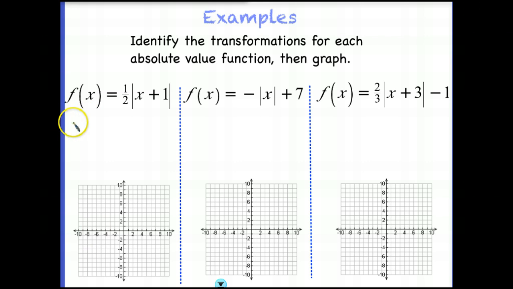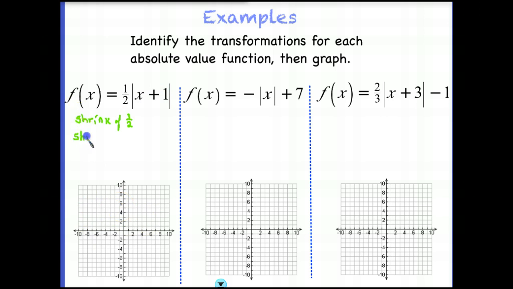Okay, so our first graph, we have a 1/2 in place of our slope. So we know that, since it's less than 1, that's going to be a shrink of 1/2. We have a value in here next to the x, so that means our vertex will shift left and right, and it's always going to be the opposite.